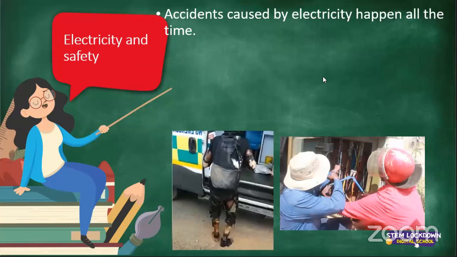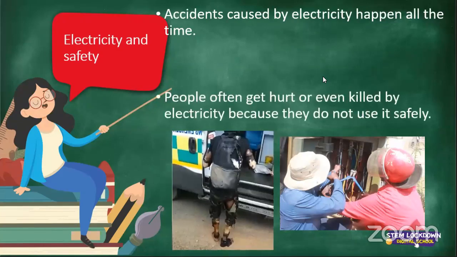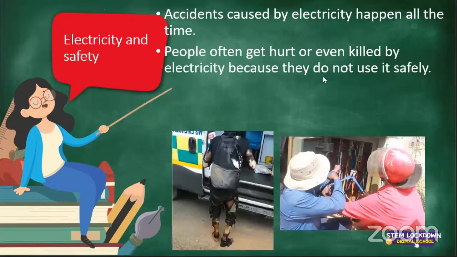In the picture at the bottom left, we've got a young man whose clothes are ripped off, obviously because he got shocked, maybe while trying to make an illegal connection. In fact, there was a video trending several weeks ago of him being shocked by electricity. People often get hurt or even killed by electricity because they do not use it safely.